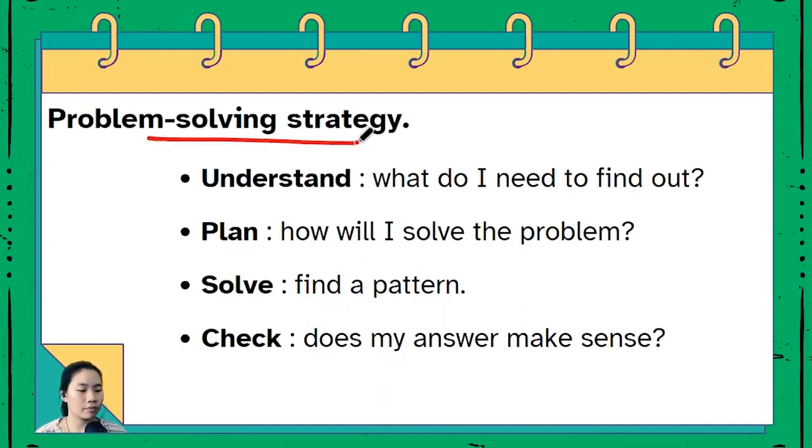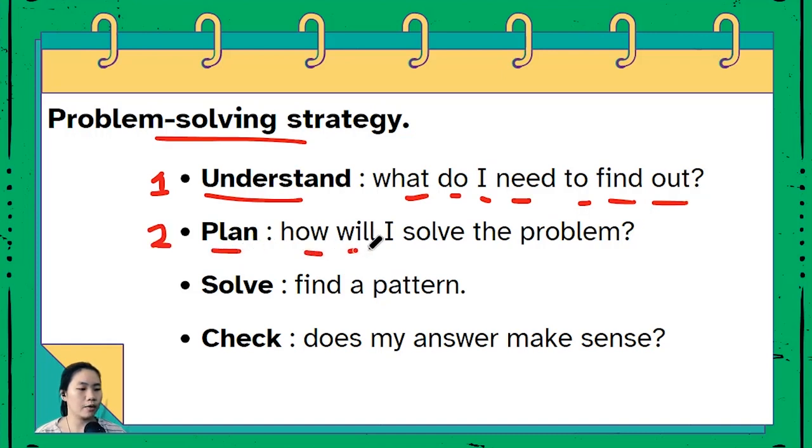So with the problem-solving strategy, step 1 is to understand: what do I need to find out? It's a certain number or a certain pattern. Number 2 is to plan: how will I solve the problem? This mentions the different ways that you can approach a problem.